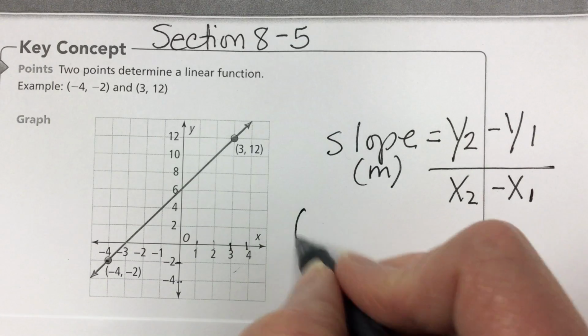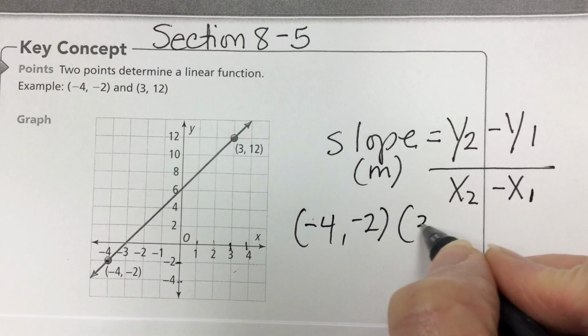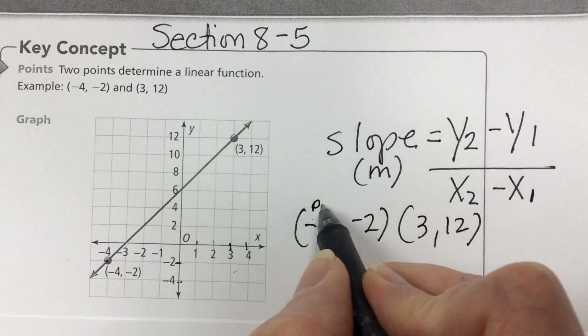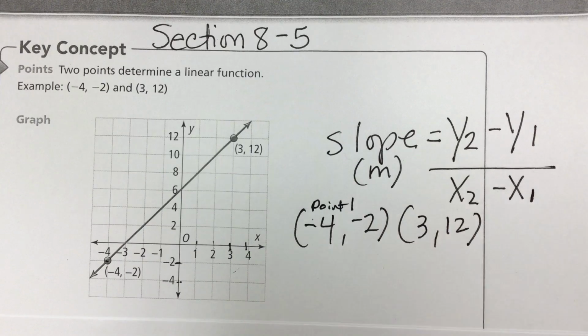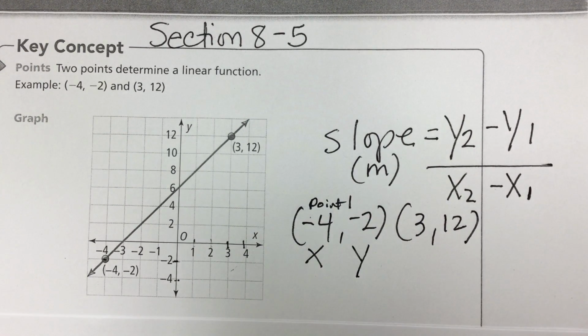Now, when you're given these 2 points, -4, -2, and 3, 12, this first one is point 1. Remember, the first number is x, the second number is y.